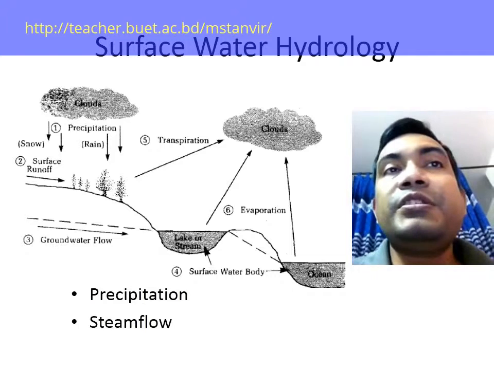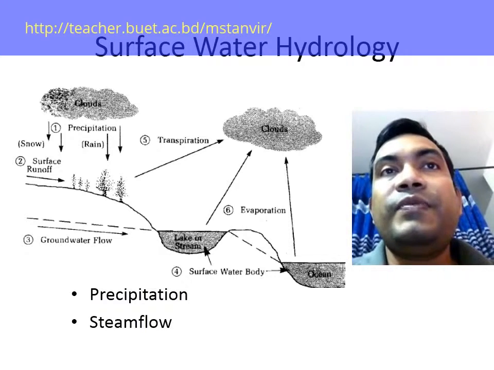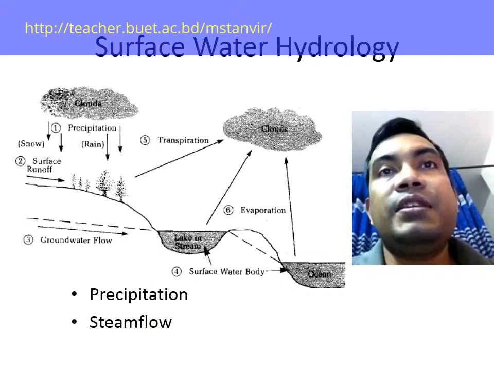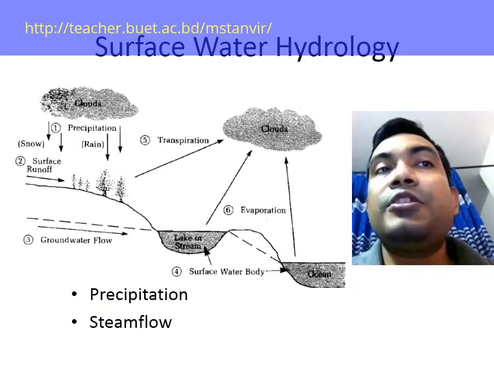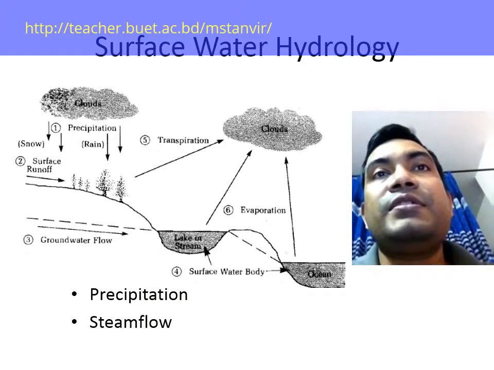Once the precipitation hits the ground, a number of things can happen. It can evaporate promptly. This is especially true if the surface is hot and impervious.